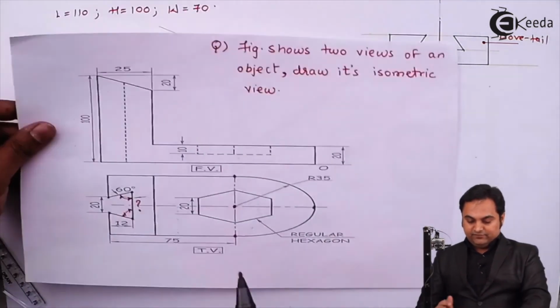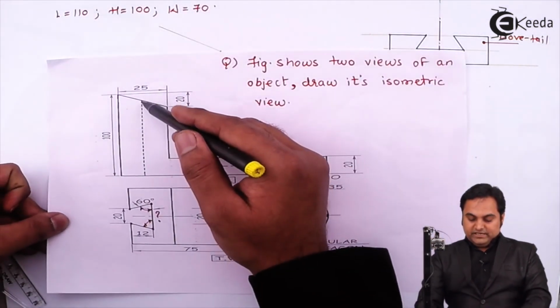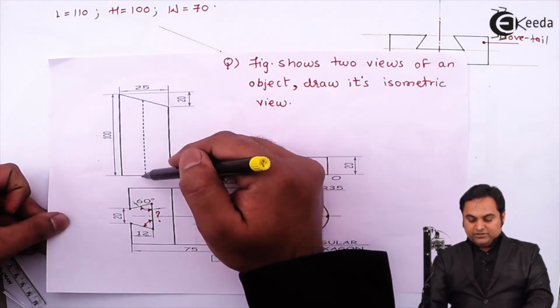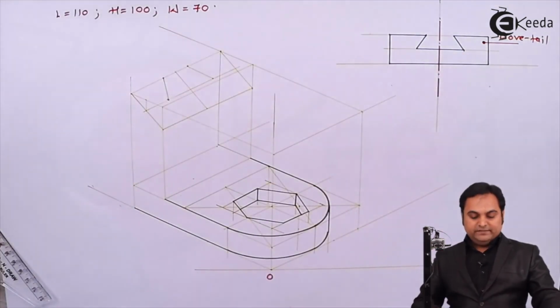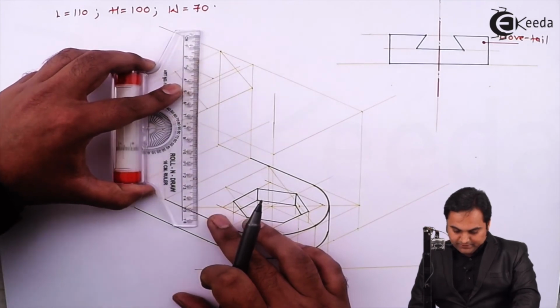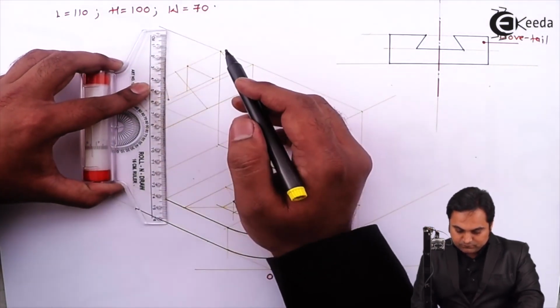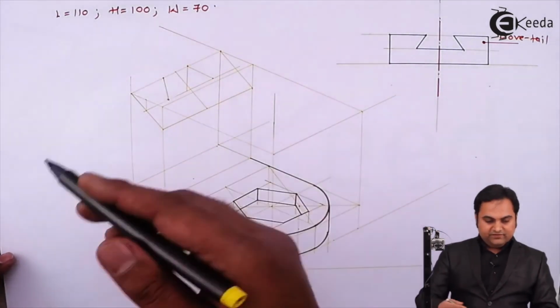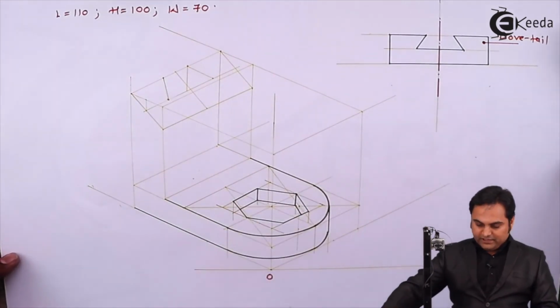Now as it is seen from the diagram, this dovetail is hidden here in the front view and it is throughout. It means it is throughout the height. For that I'll have to draw a vertical line through this point. Next, once I have completed this, I can directly make it dark.